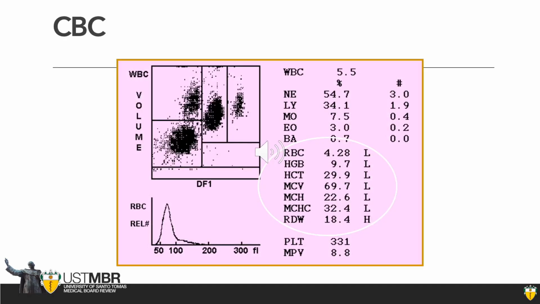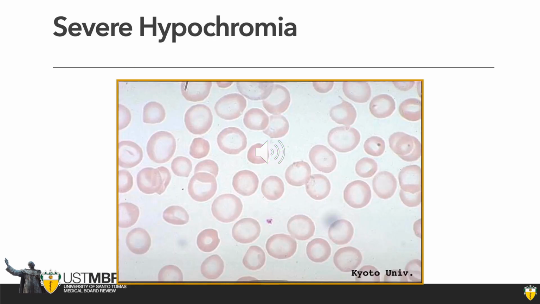This is an example of an anemic patient with microcytic hypochromic anemia. Coupled with a history of blood loss, either gastrointestinal or genitourinary blood loss, then the most likely diagnosis is iron deficiency anemia. This is a typical peripheral blood smear of a patient with severe microcytic hypochromic anemia.